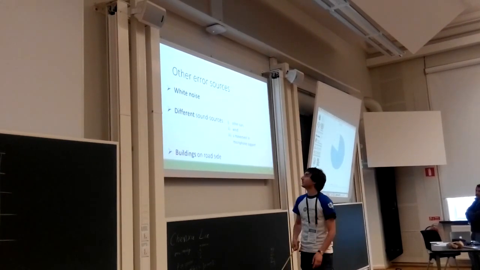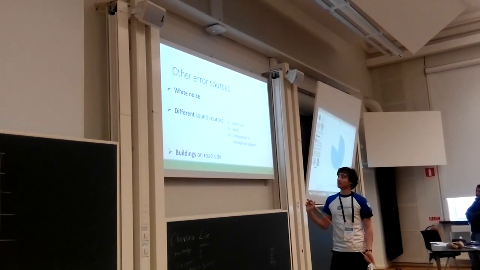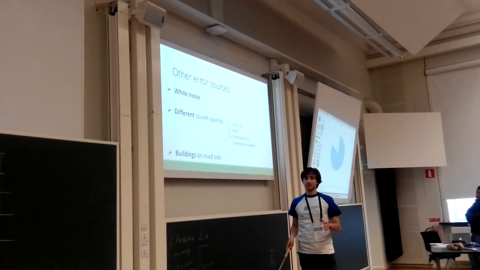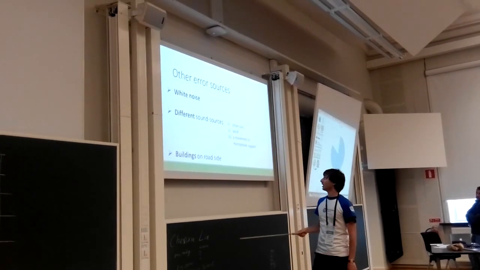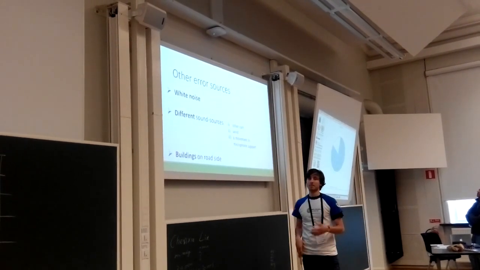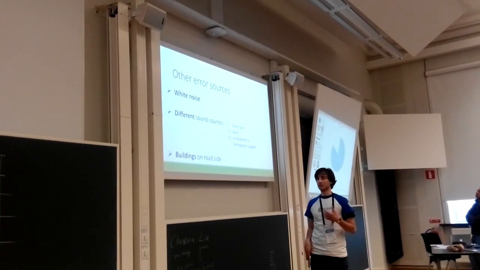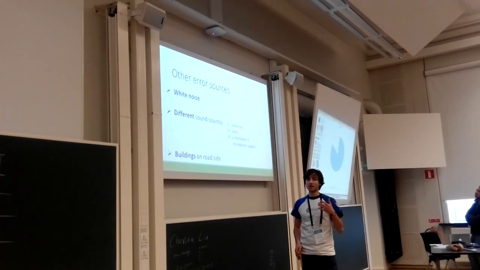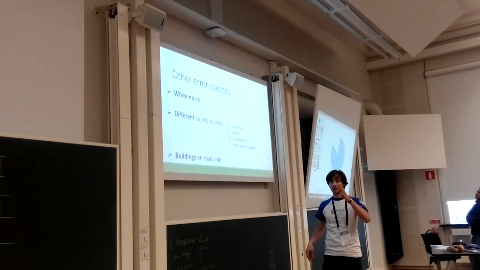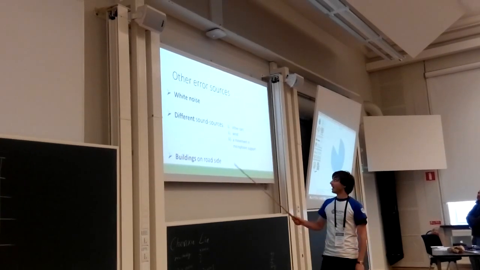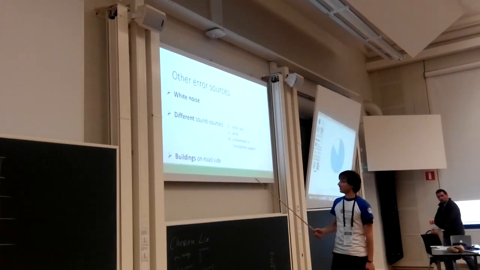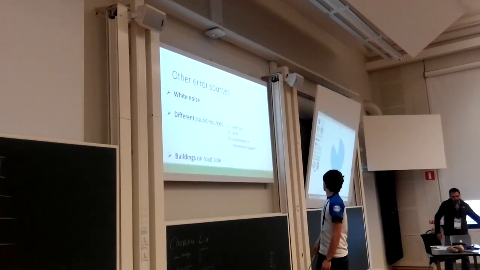But we also need to take into account other sound sources. For example, the white noise on the street. If you are in an industrial area, maybe we have some noise, and this could really ruin our measure because we are measuring the intensity of sound. We cannot concentrate on just one source. We could also have different sound sources in a busy street that could destroy our measure.